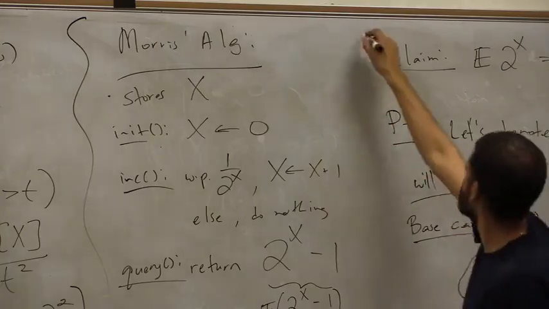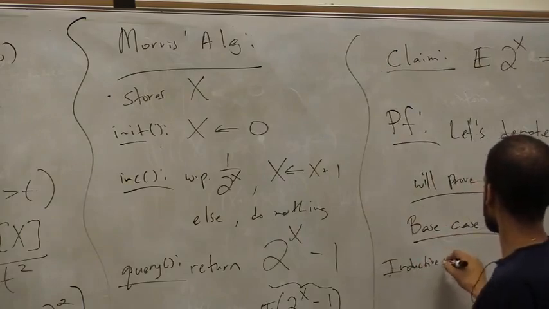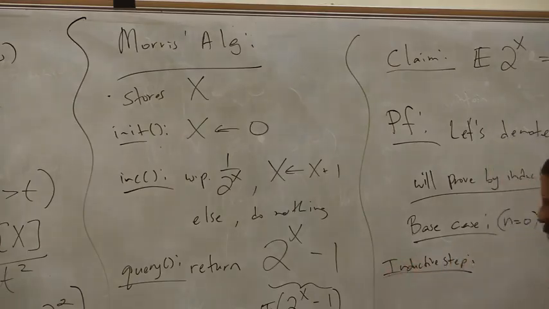Now let's do the inductive step. We're going to assume that the inductive hypothesis is true for n and prove it for n plus 1.